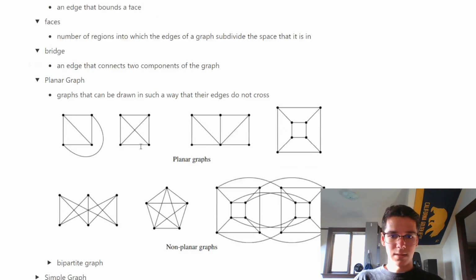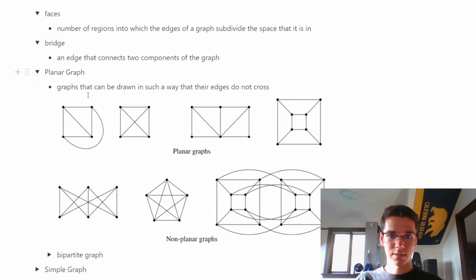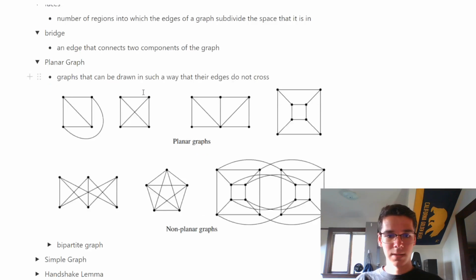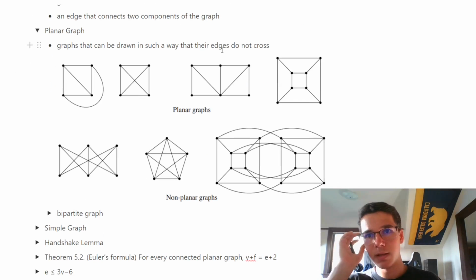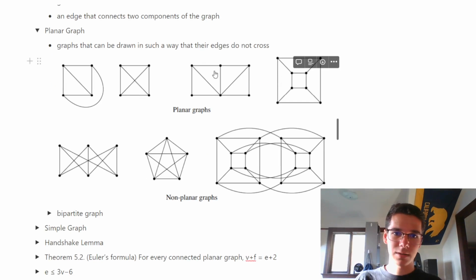And then planar graphs are pretty great. There's a lot of cool properties that go along with them. So I'm sort of just name dropping, but I'm going to bring them together when we start describing things. So a planar graph is a graph that can be drawn in such a way that edges in that graph do not intersect.